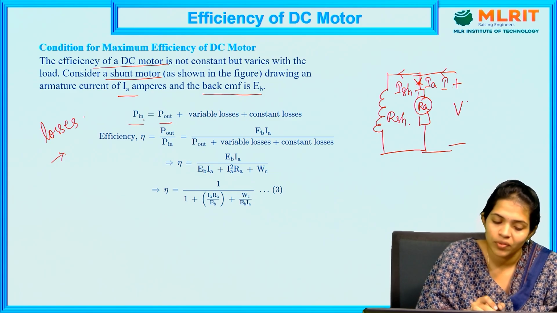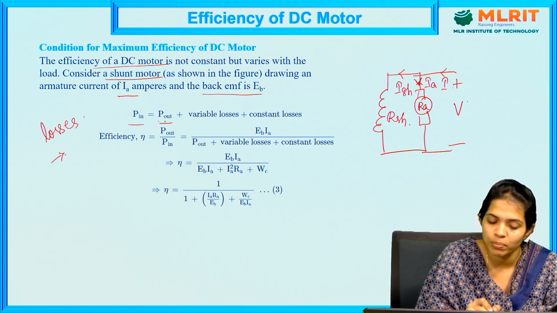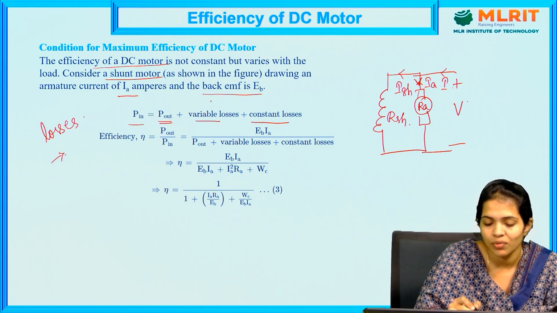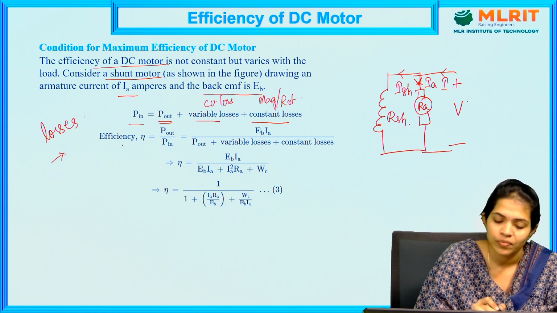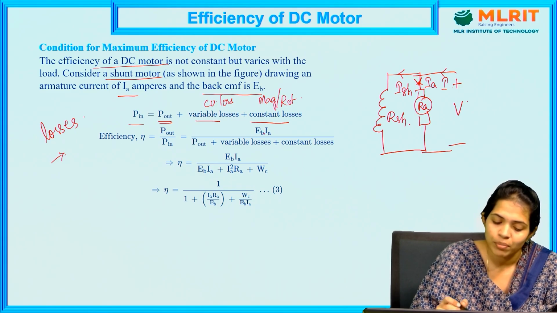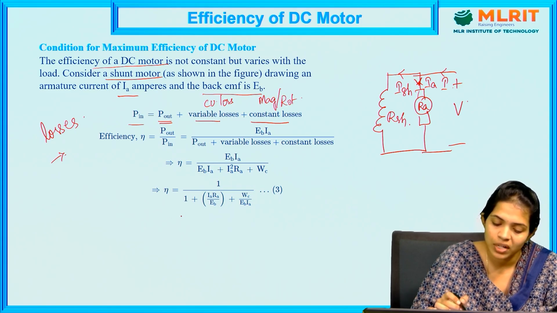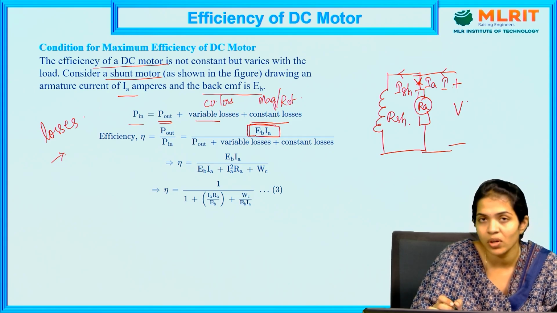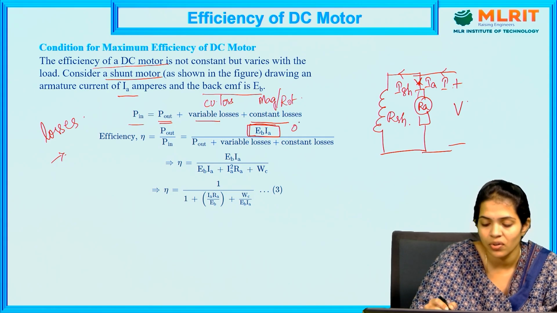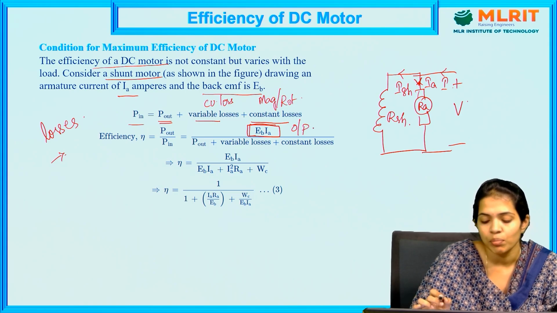Now when we write the input power as output power plus variable losses plus constant losses, we know that the variable losses are the copper losses and the constant losses are the magnetic and rotational losses. From this we can further write the equation for efficiency as EB into IA, which is nothing but the output power or the mechanical power developed across the shaft of the motor.